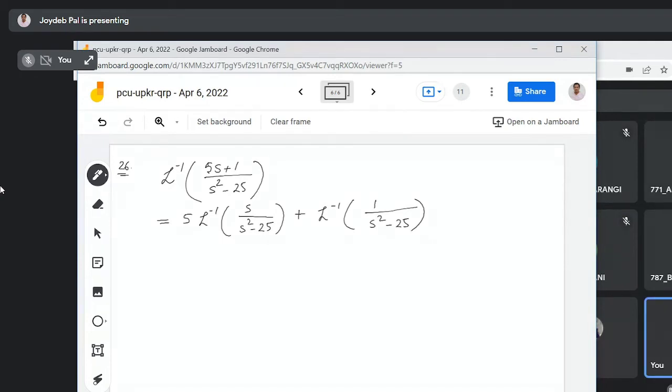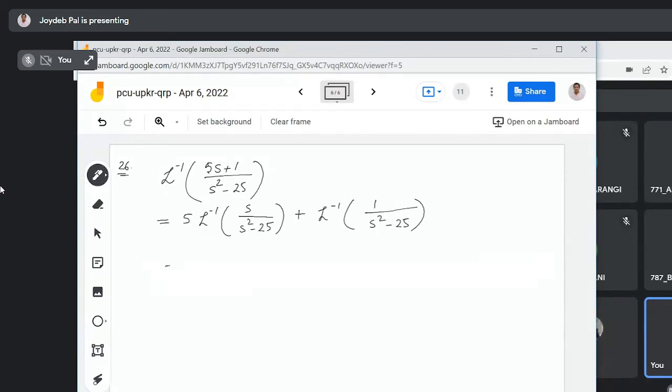Now see, it is a known form, right? s by (s square minus 25), Laplace inverse of that, what will it be? If it is plus, s by (s square plus 5 square), it will be cos 5t, right? अगर ये प्लस होता तो ये cos 5t, बट माइनस के लिए क्या होता है, वो हाइपरबोलिक है.